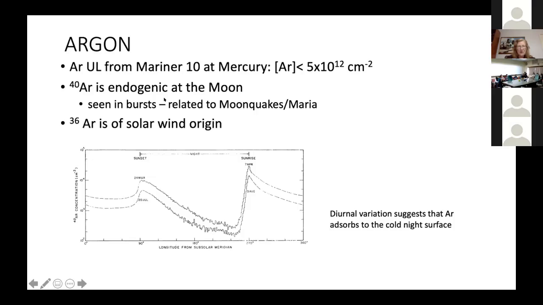And you can see from the curve here that that argon condenses on the surface at night, and then it evaporates at sunrise, and then will bounce around the day side until the dusk, and then it starts condensing again.